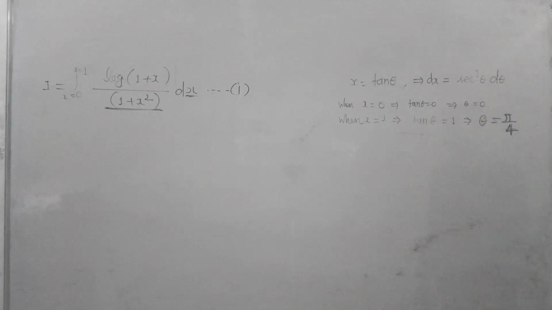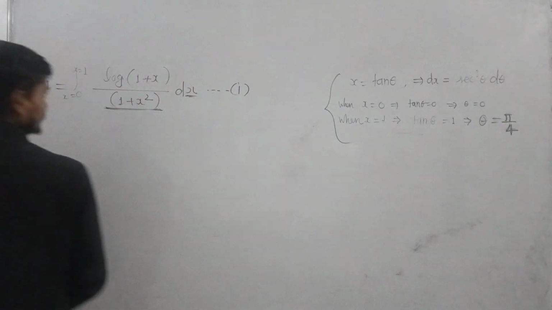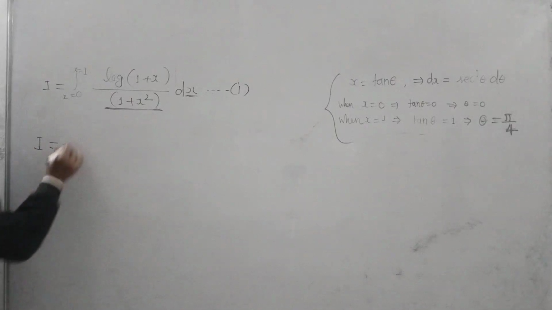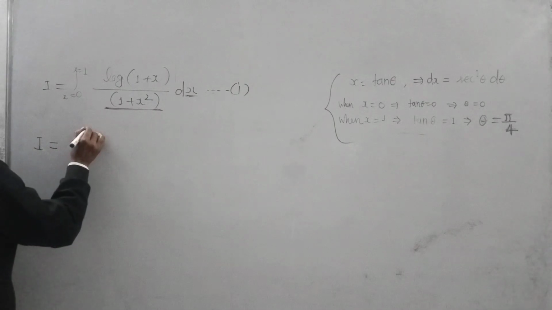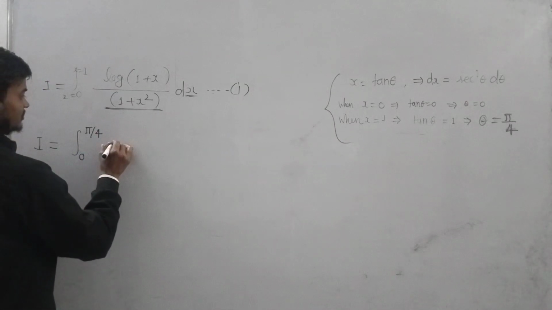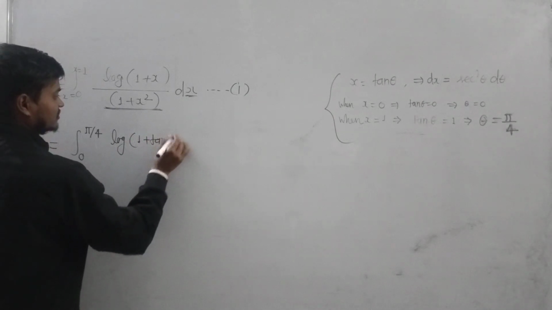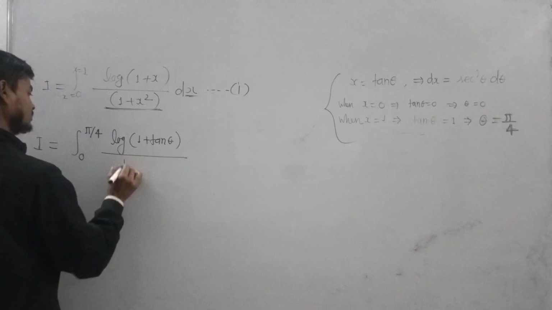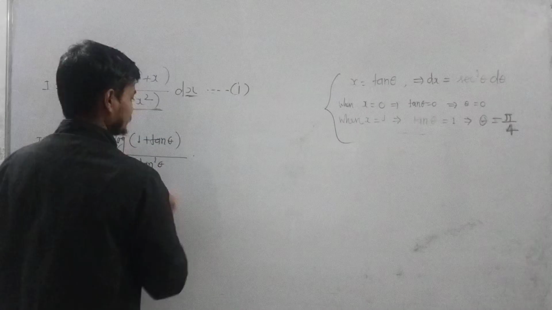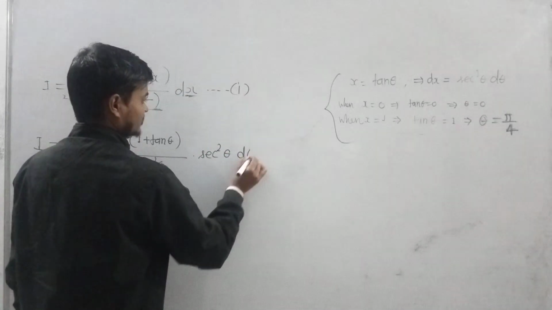On substituting all these values in integral 1, we get a new integral 0 to pi by 4 log of 1 plus tan theta upon 1 plus tan square theta, which is equal to sec square theta, and dx is equal to sec square theta d theta.